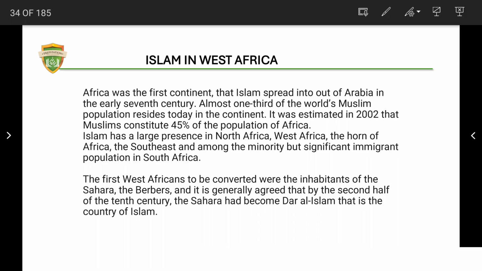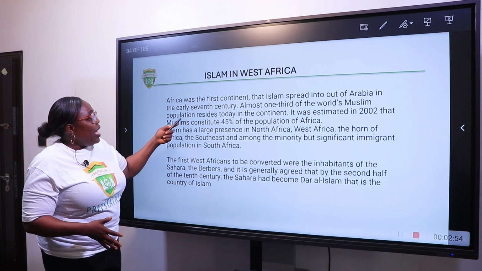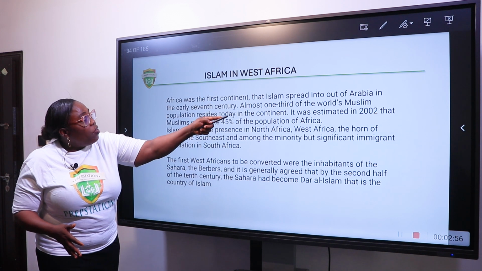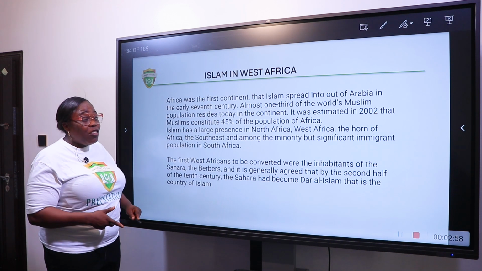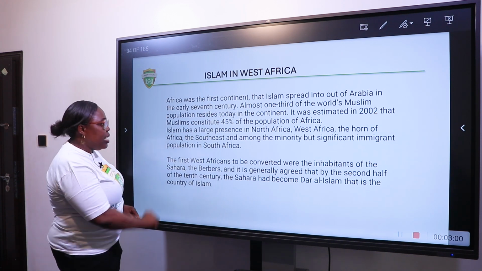It says Africa was the first continent that Islam spread into out of Arabia in the early 7th century. Almost 1/3 of the world's Muslim population resides today in the continent. We're trying to say that most people, 1/3 of the Muslim population, resides where? In Africa. That's what it's saying there.